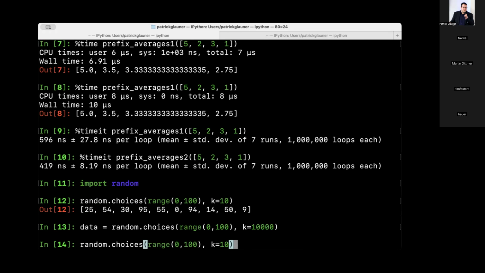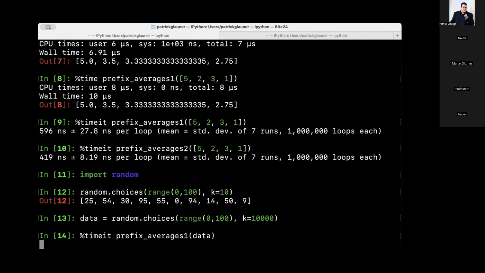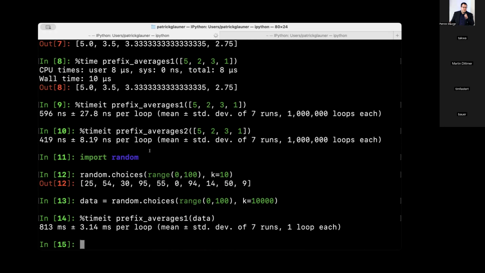And then I just run the prefix averages 1 again on my data, and we see how long it will take. This experiment is run a few times. So we see for 10,000 integers it will take 813 milliseconds to calculate the prefix averages using the first very naive implementation.